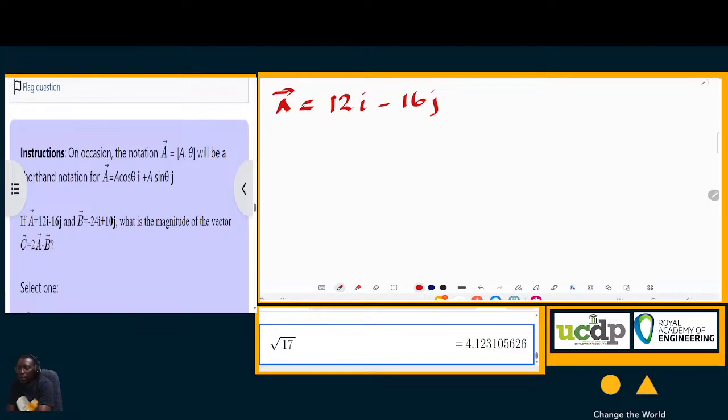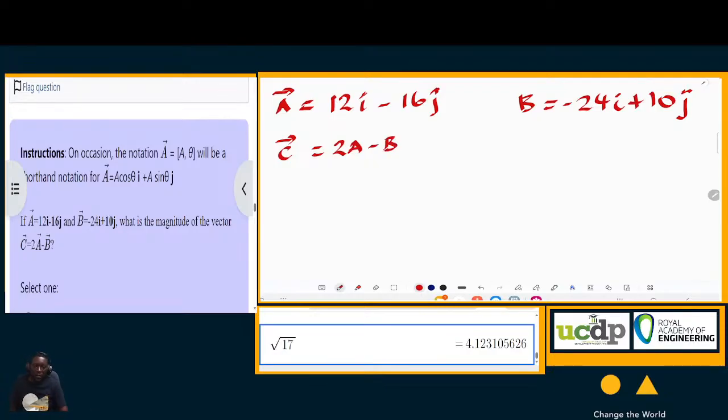That's vector A, whereas vector B is equal to negative 24I plus 10J. So those are the I and J components of the two vectors. And we need to find C, which is 2A minus B. How do we get that? How do we find the magnitude? Remember, I want the magnitude of C. So after finding C, we need to also find the magnitude of vector C.